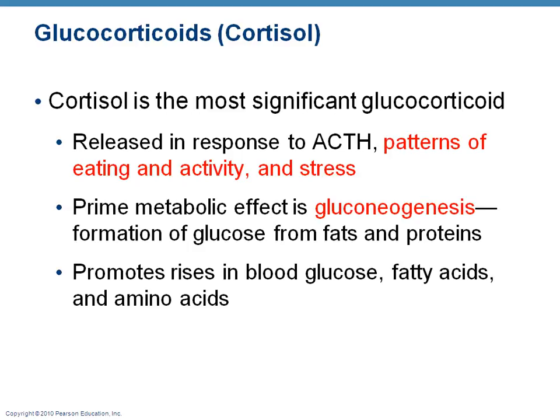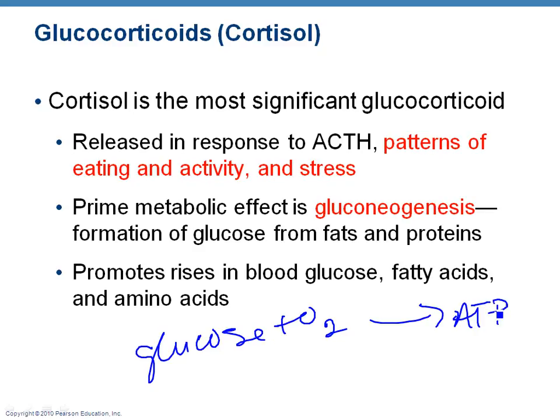When we say making glucose from fats and proteins, I think back in 201 we talked basically about the fact that glucose is a source that you need to make ATP, right? So we really want to take glucose plus oxygen and we want to turn it into ATP. But we also said as a secondary energy source, you could take lipids or fats, right?